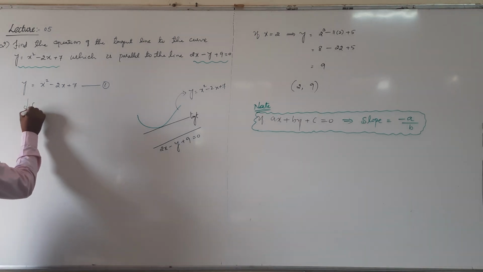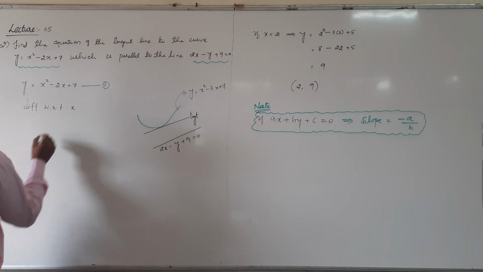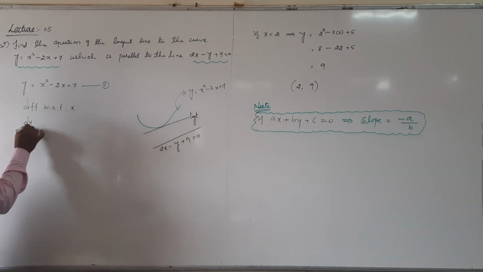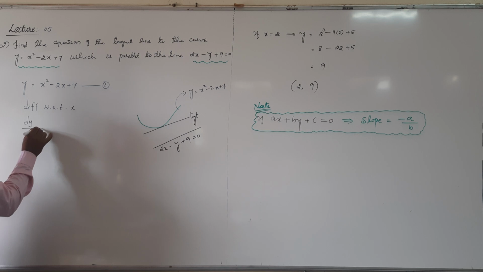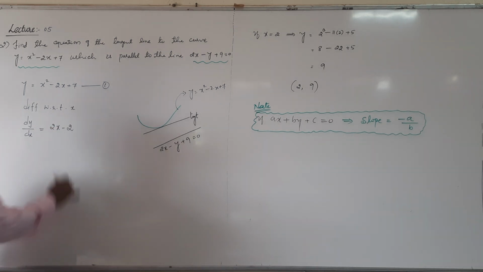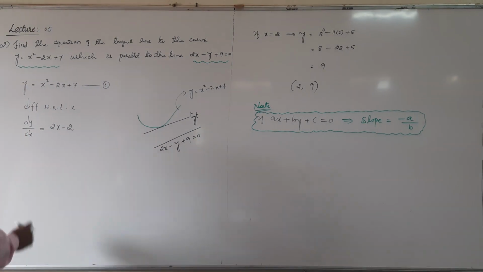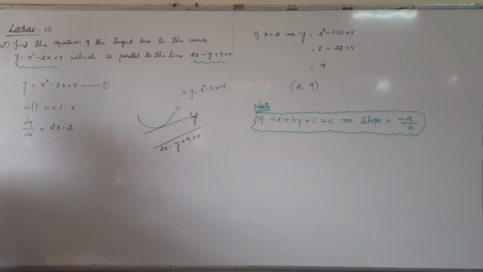Differentiate with respect to x. On differentiation, we get dy by dx equal to 2x minus 2, right? Then what is the slope of the given line?